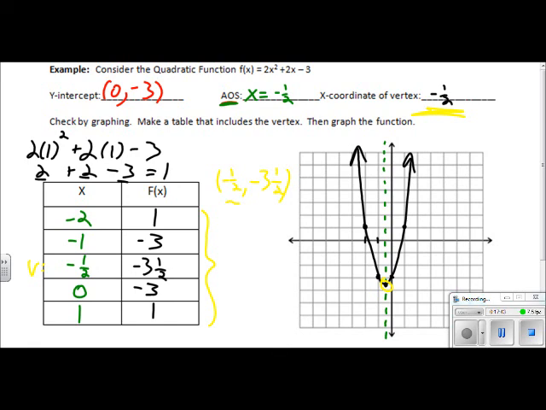The axis of symmetry goes right through there, which is what we found out from before. And our y-intercept looks like it crosses right at this point, which is 0, negative 3, which concurs with what we said before. So it looks like all of our tricks from the standard form worked out.